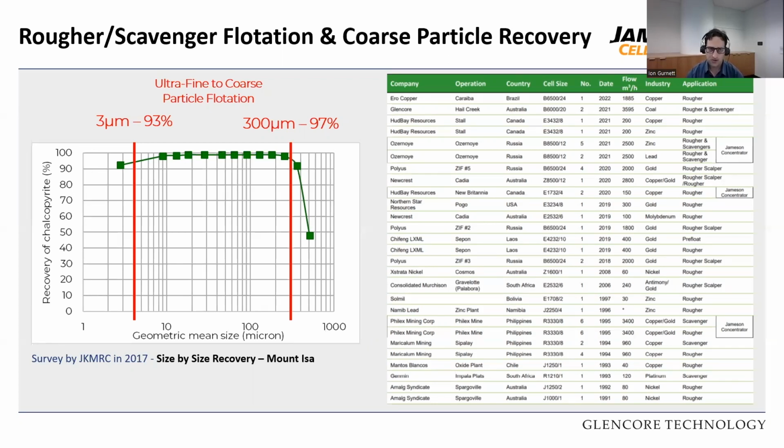But the question is, why are we now pushing into rougher cells of late? And this has fundamentally come down to volumetric capacity. We have been producing larger and larger cells. As you can see here, a lot of the new cells in those roughing duties have really taken off since around 2019.